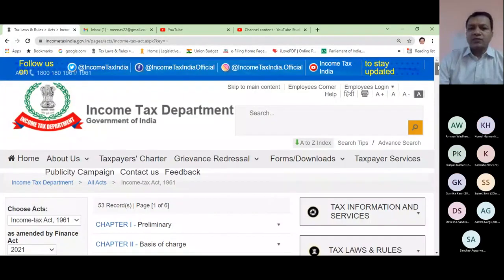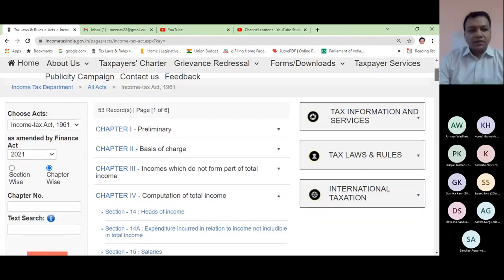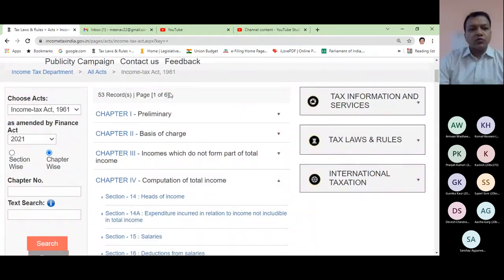So before discussing capital gain, let me show you the Act from the website of the tax department, incometaxindia.gov.in. I hope now you easily know how to directly go to the website incometaxindia.gov.in and income tax.